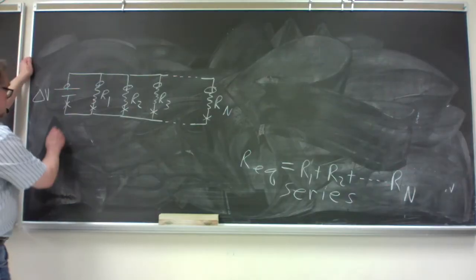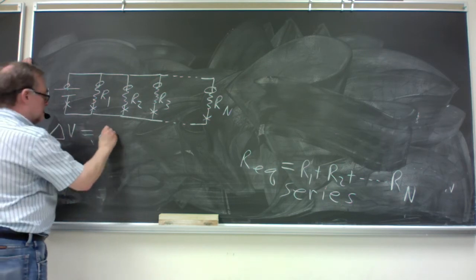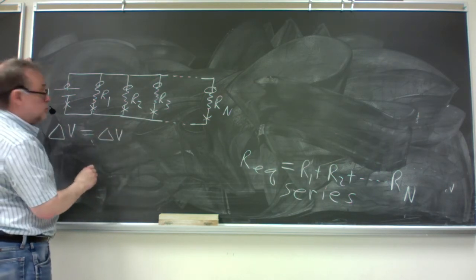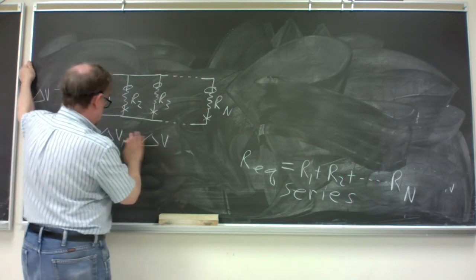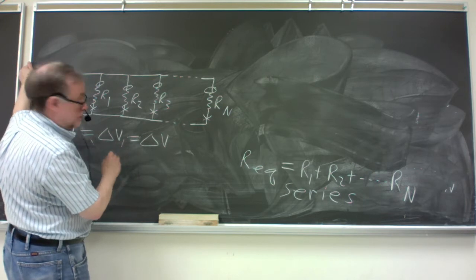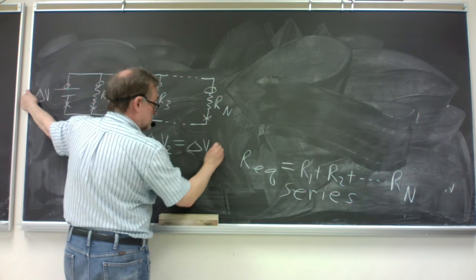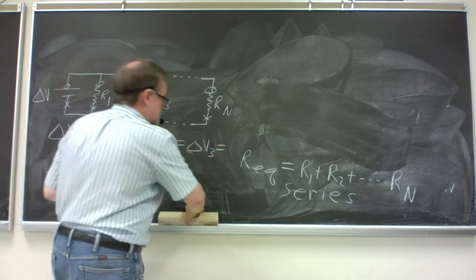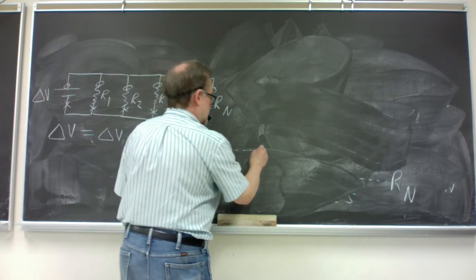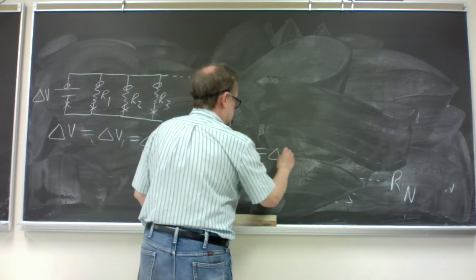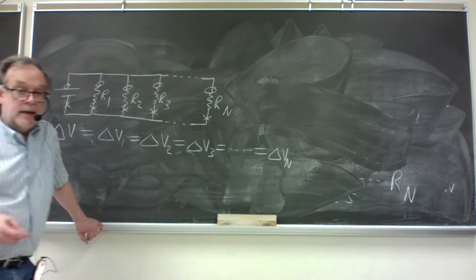So what we have here: delta V supplied by our battery or wall socket equals the potential difference between the two ends of resistor 1, and that's equal to the potential difference between the two ends of resistor 2 and equal to the potential difference between the two ends of resistor 3, on and on, etc., equal to the potential difference between the two ends of resistor N.